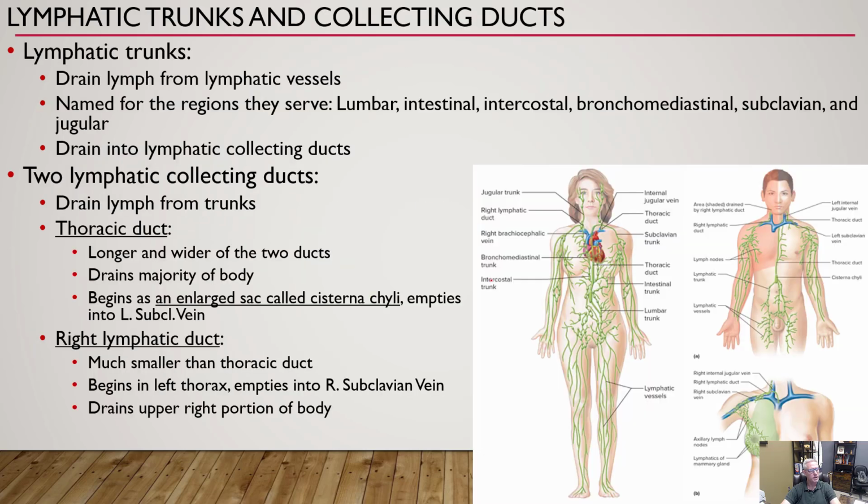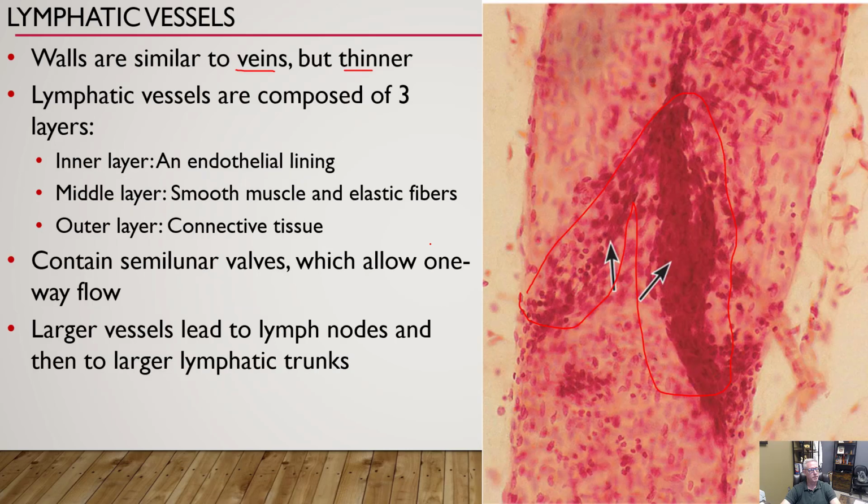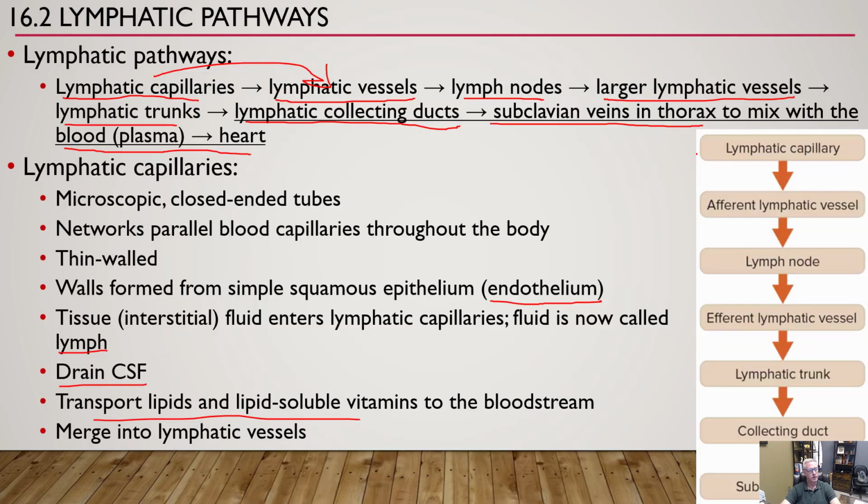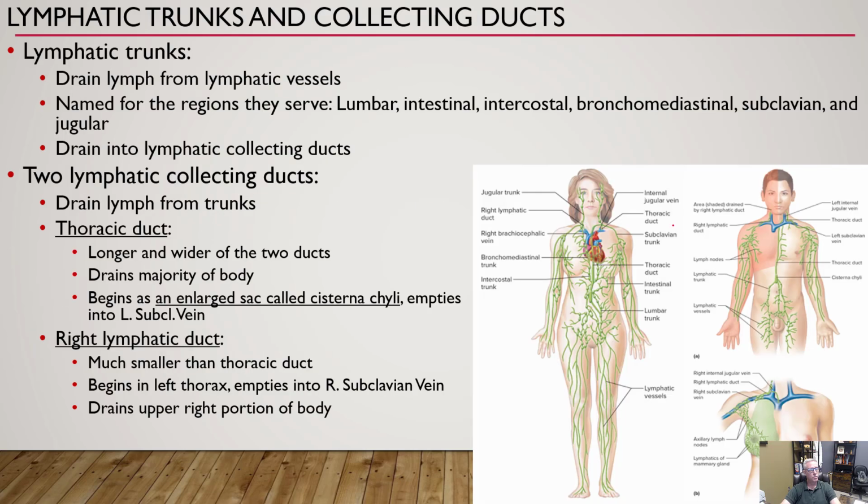So when we get to the lymphatic trunks, remember that we have lymphatic vessels and lymph nodes. Now we're talking about the lymphatic trunks. The lymphatic trunks drain from the lymphatic vessels, and they're going to be named for the regions that they serve.